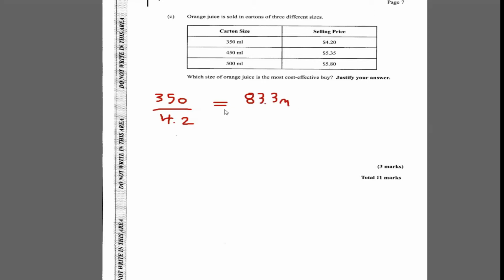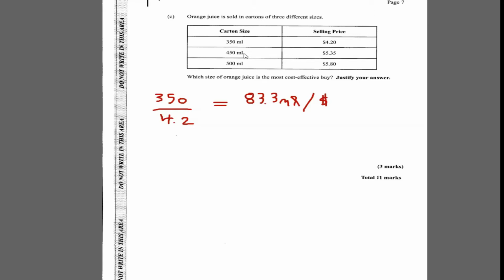Remember, it's milliliter divided by a dollar. So this is 83 milliliter per dollar. What that means is for every dollar I spend, I'm getting 83 milliliter. All right. For every dollar I spend, I get 83 milliliter of juice.